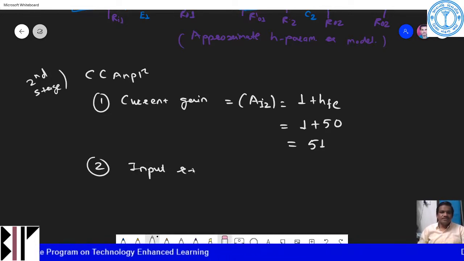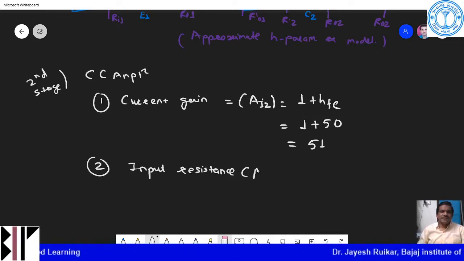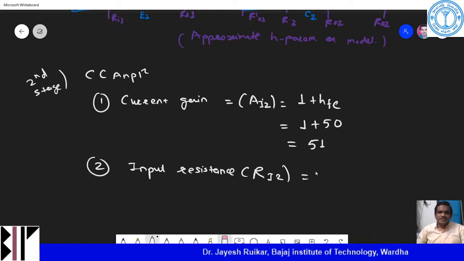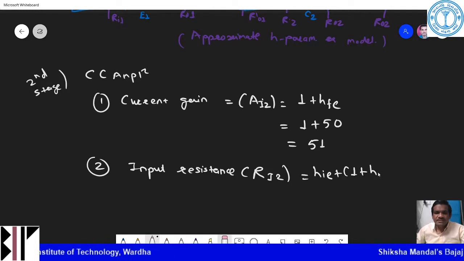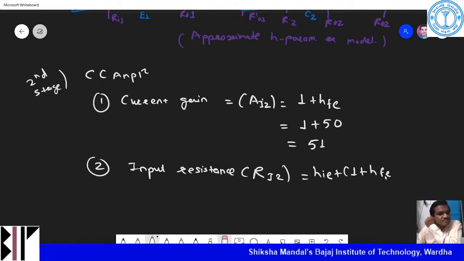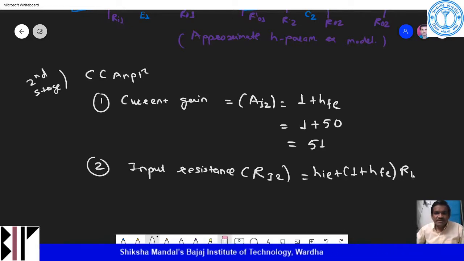Similarly, you can go for input resistance. So RI2, input resistance, is nothing but HIE plus 1 plus HFE multiplied by RE2.